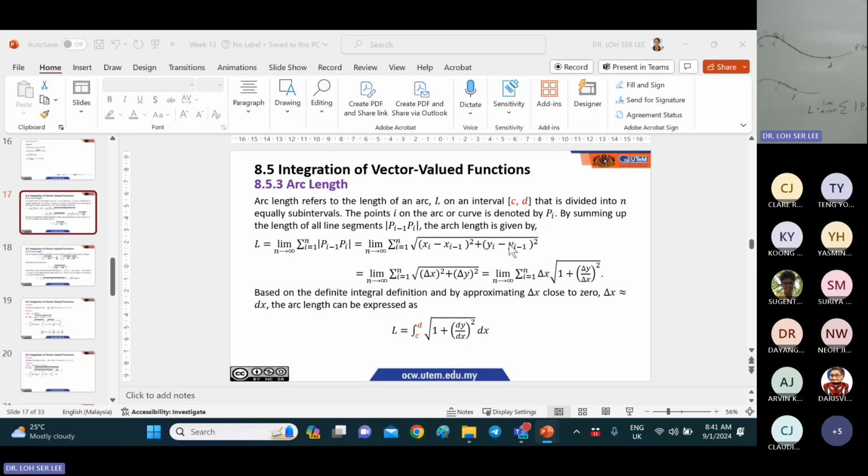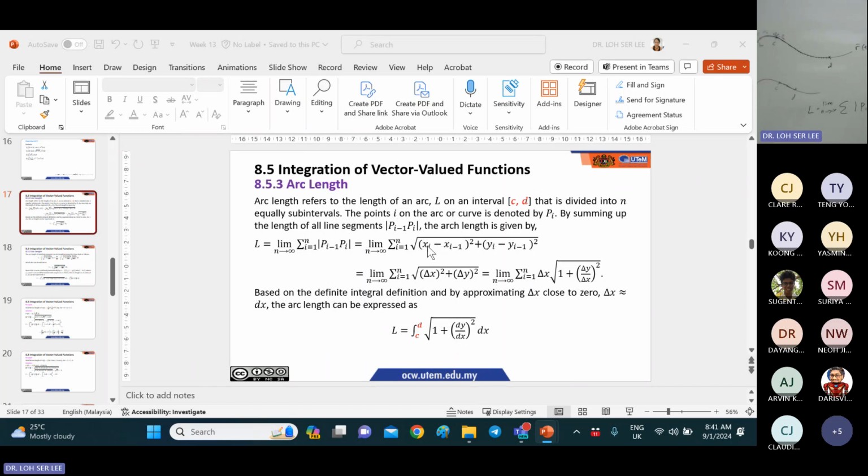To get the distance between 2 points, we find the distance in x and square it, then we find the distance in y and square it, and we sum them up inside a square root. This is the formula to get the distance between 2 points.